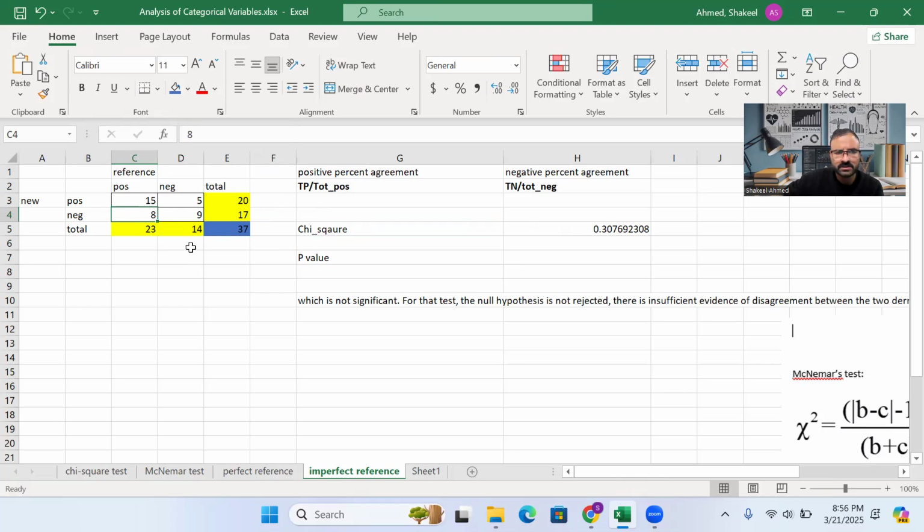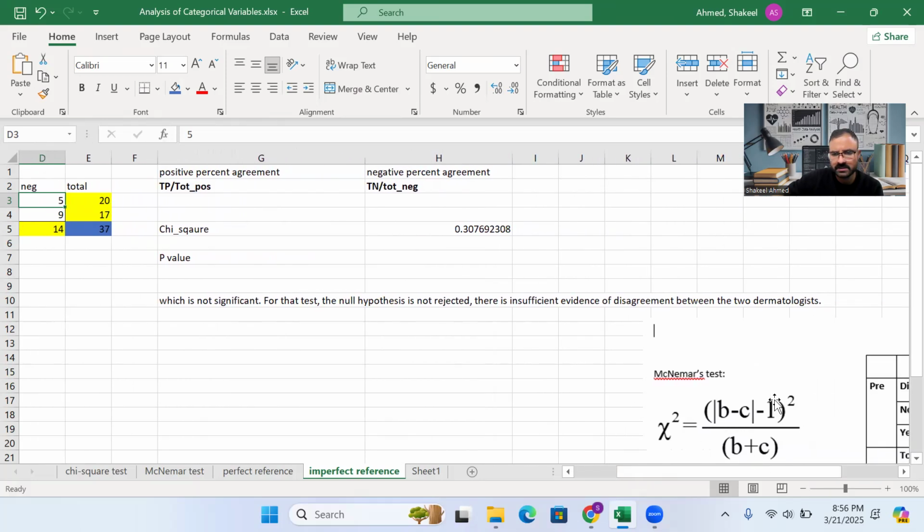So the null hypothesis is that there is no difference between the proportion of discordant pairs. For example, you can find the proportion of this value and the proportion of this value, and you can find the difference between these two proportions, and that is tested using the McNemar's statistic.